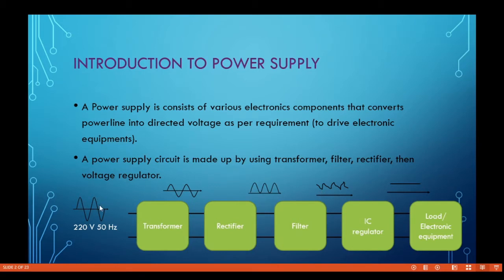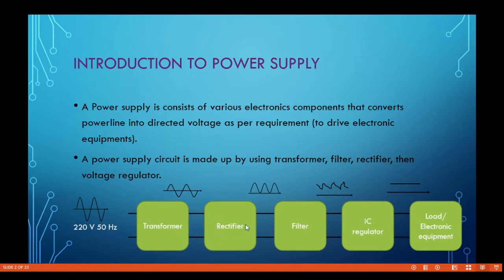As you can see here, this is the input signal you are feeding to the transformer. After the transformer, which could be a step up or step down transformer, we have used here a step down transformer and we have reduced the voltage level. So the output is a lower amplitude sinusoidal waveform. This output of the transformer is the input of the rectifier.